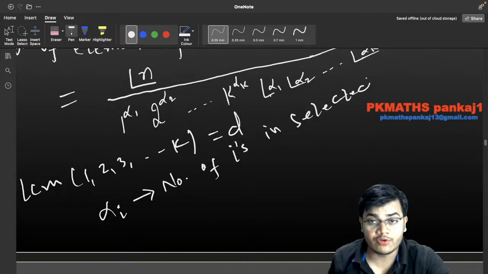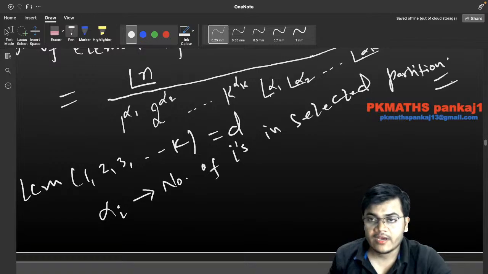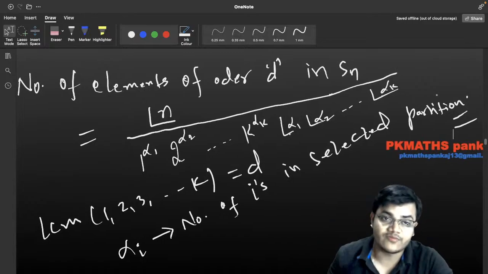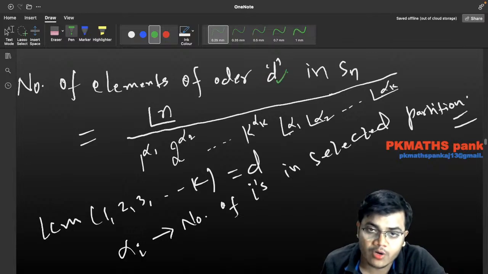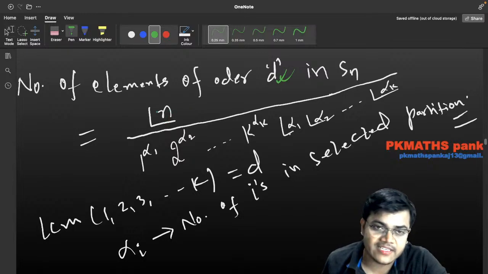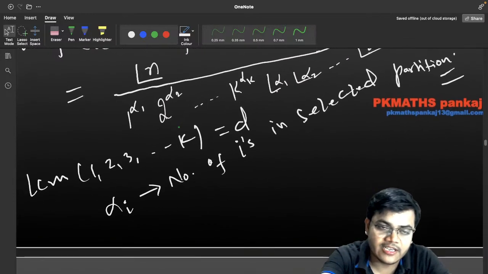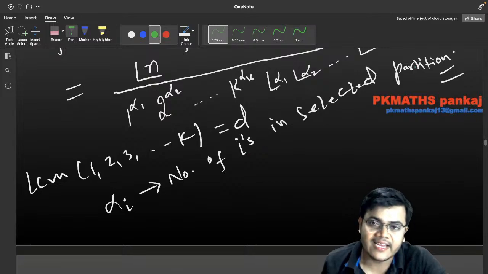And now I am coming to the question that may be asked. First of all, write the formula. Our aim in discussing this formula is that whenever you have to find the elements of a particular order, for example elements of order D in Sn, then in the numerator you write factorial n, and thereafter this formula, where D is the least common multiple of 1, 2, 3 up till k, and alpha i is the number of i's selected in the partition.